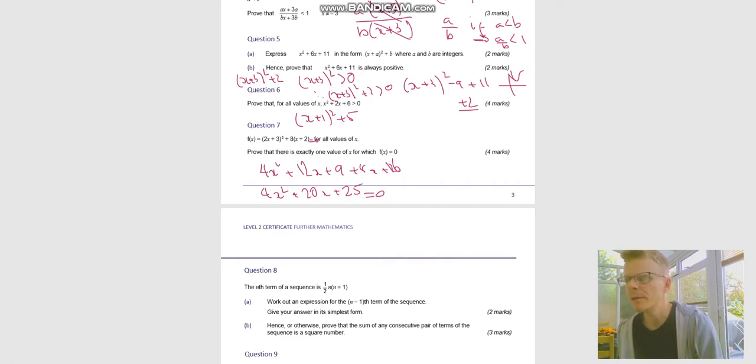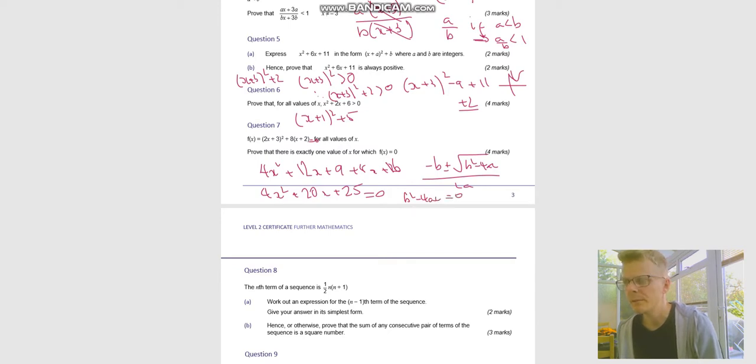If there is exactly one solution, that implies that if we were to use the quadratic formula, there must be no plus or minus bit here, because if I add or subtract a number away from minus b before dividing it by 2a, then it's going to create two different numbers, whereas if this bit here is 0, I'm adding or subtracting 0 away from minus b, so it creates the same number. So for one solution, b squared minus 4ac equals 0.